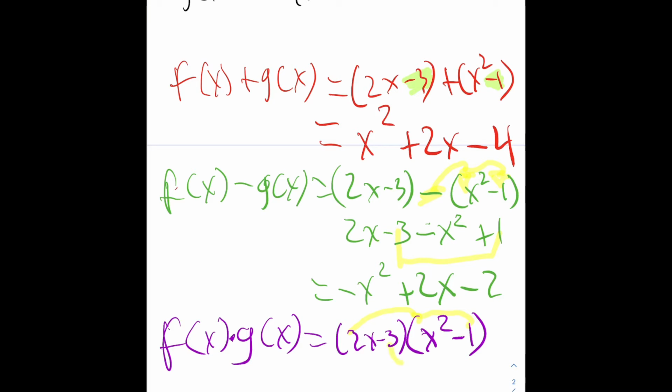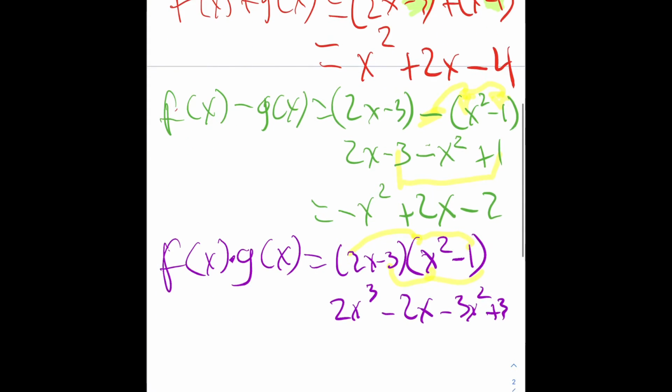Using the distributive property into both terms, 2x times x squared is 2x to the third, 2x times negative 1 is negative 2x, negative 3 times x squared is negative 3x squared, and negative 3 times negative 1 is positive 3. I don't have a single like term here. I always put the highest exponent first, so I'm just rewriting it in standard form.